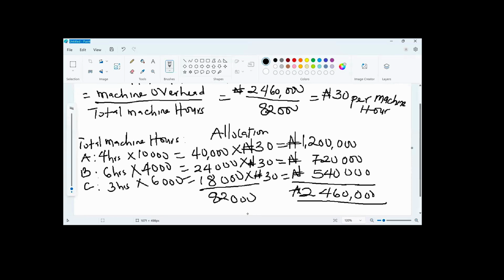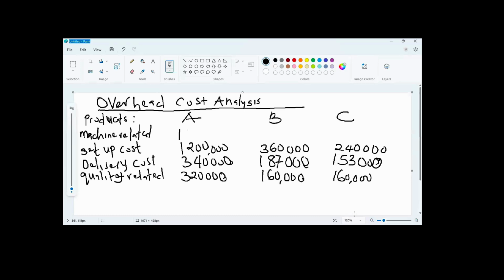All right. 1.2 million for A, 720,000 for B, 540,000 for C. We come here: 1.2 million, 720,000, and 540,000. Now sum up for each product.